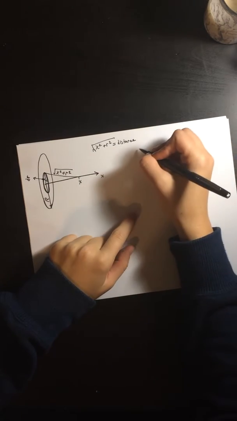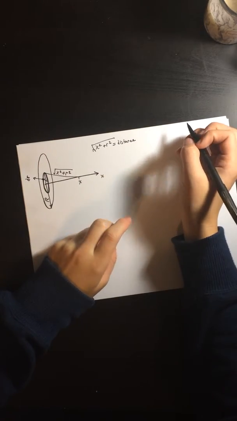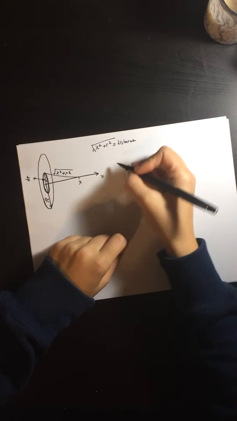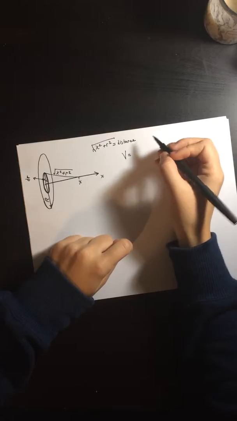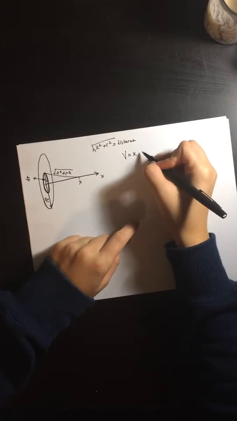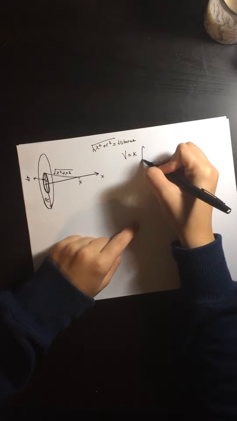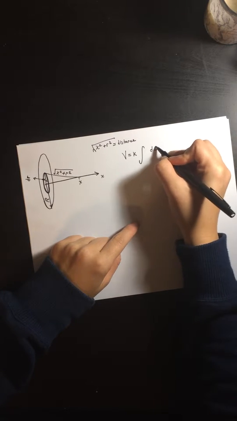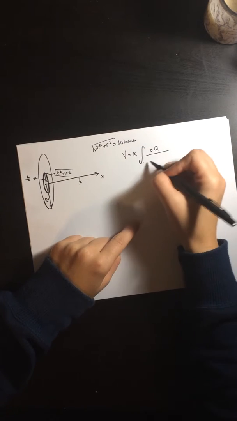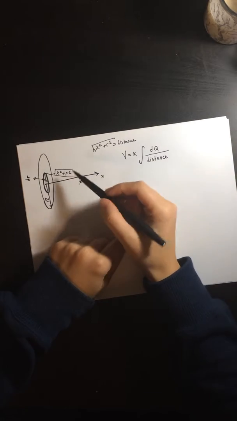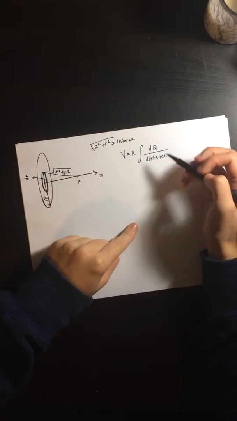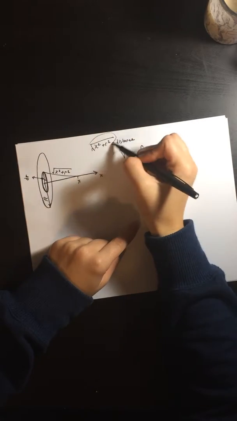So we know that q naught is uniformly distributed over the disk, and now let's pull together some formulas that we know that are going to be useful to answer this question. So we know that the voltage is equal to K times the integral of dq over a distance, which is usually r, but in this case it's not r because r is something else, so it's going to be this distance.